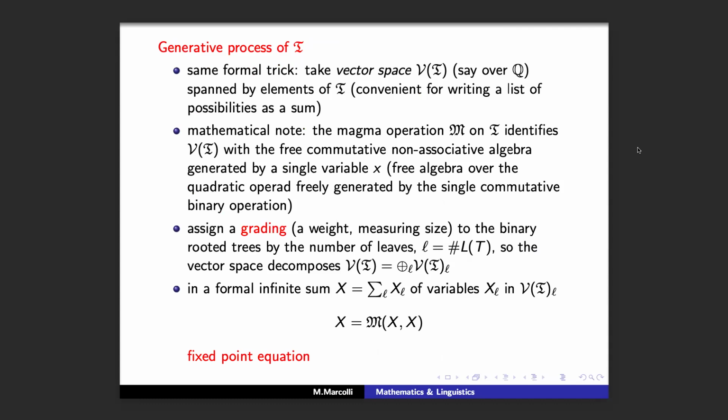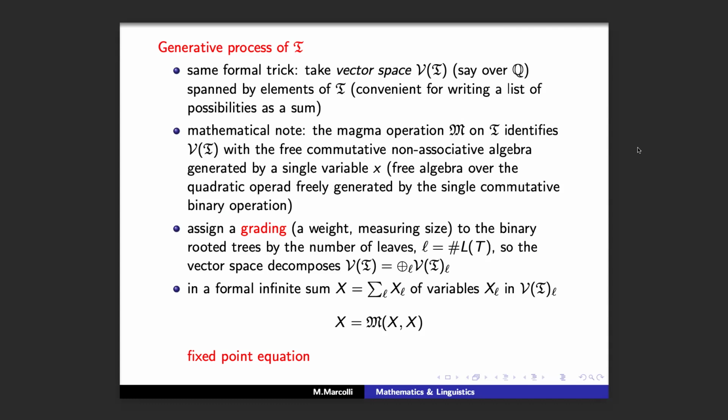Let me say right away, because I'm going to use it everywhere in a moment, that if you have a set, you can always form the vector space spanned by that set. It doesn't really matter over what; you could think of it as a Z-module rather than a vector space, but it's convenient to form formal linear combinations of objects.